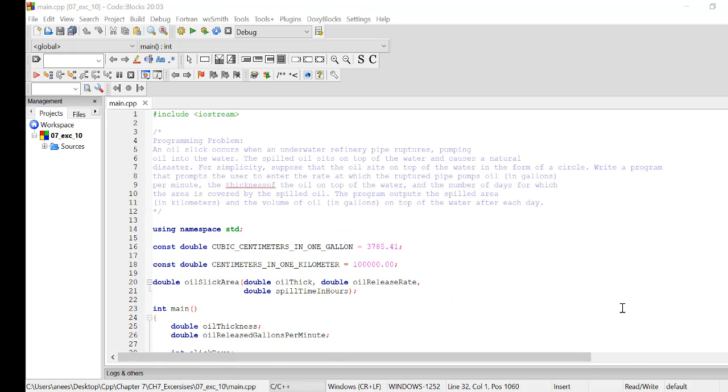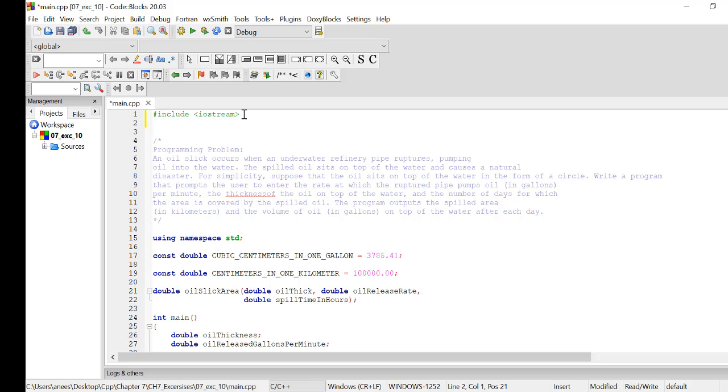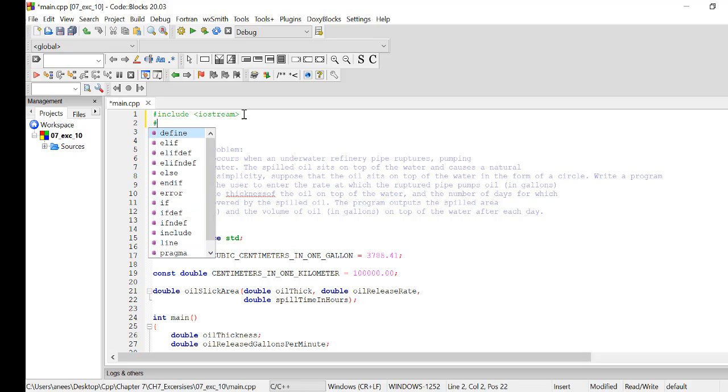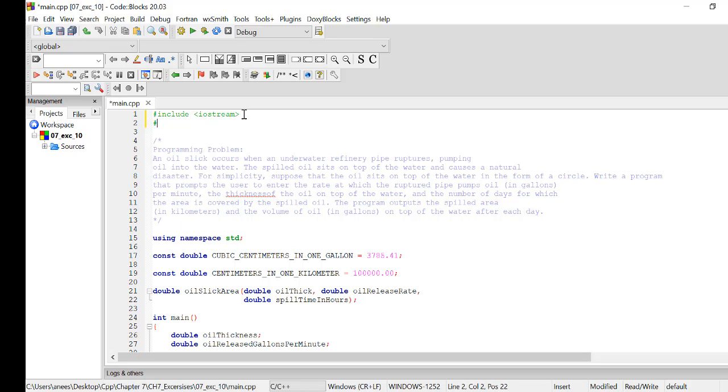Now we can run the program and whoa, okay. I actually forgot to include the header file, iomanip.